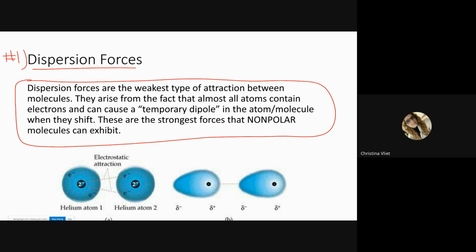A dispersion force will be present if an atom or a molecule has electrons. So the requirement for a substance to have a dispersion force is that it has electrons.